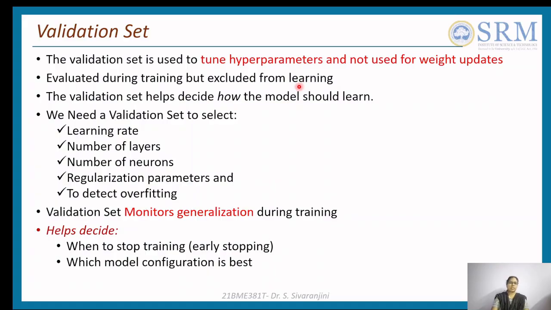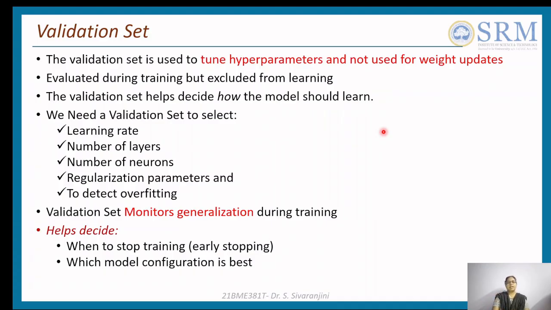When the learning phase happens with the training set, this validation set will stay separately in a folded manner. They call it cross validation or five-fold validation. There are different methods of keeping this validation set separate. The validation set helps decide how the model should learn about the parameters, the input data or the features required for the intended task.